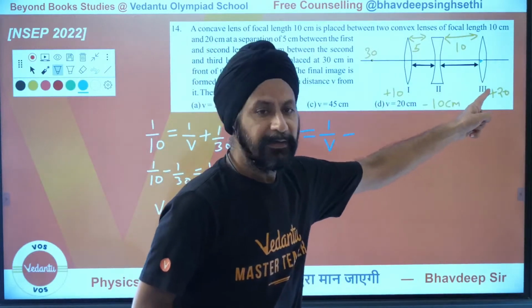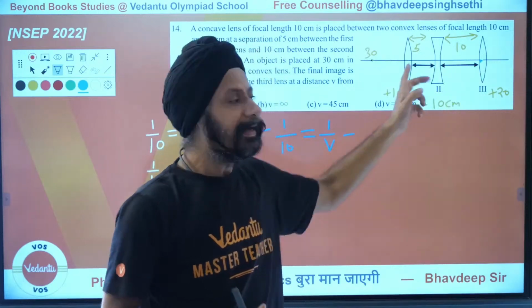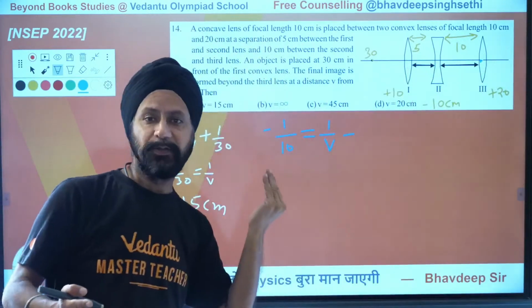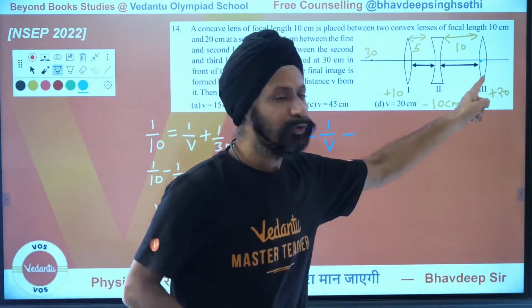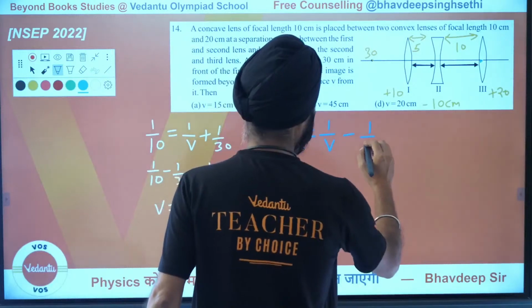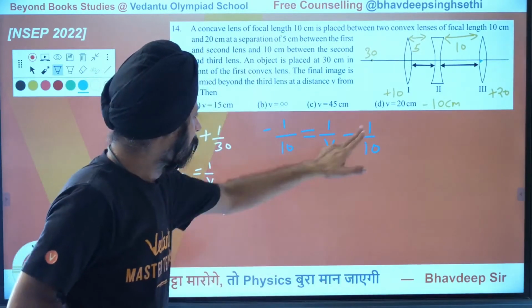So the object for this is here, which is 10 centimeters from here, and that's positive. See, u is negative, but that's when it is on the left hand side. Now this is a virtual object which is on the right hand side. So that is a positive 10. So minus sign is part of the formula, 10 is positive. So these two cross out.